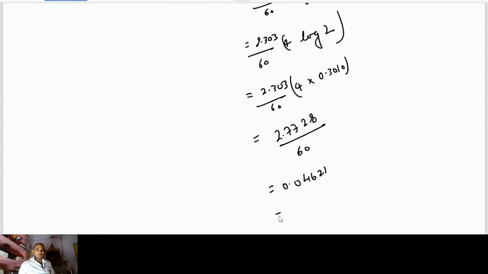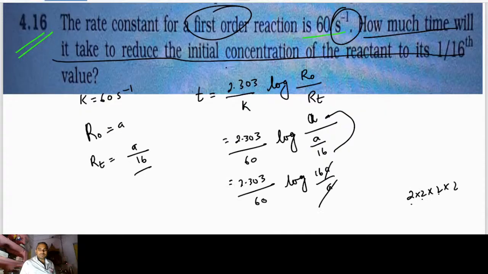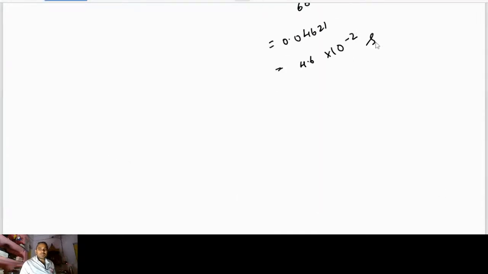It means 4.6 into 10 power minus 2. Now the unit, student: because you are calculating time, a second is there, so this will come in seconds. So this is the t value.